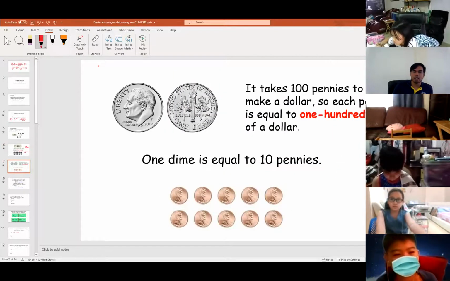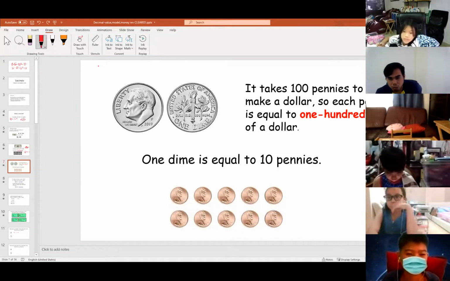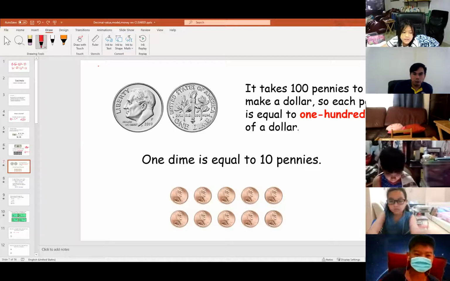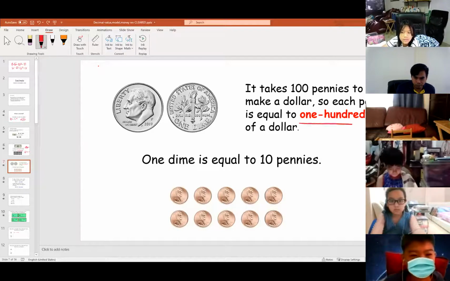All right, it takes 100 pennies to make $1. So each penny is equal to 1/100 of a dollar. Why is it saying 100?